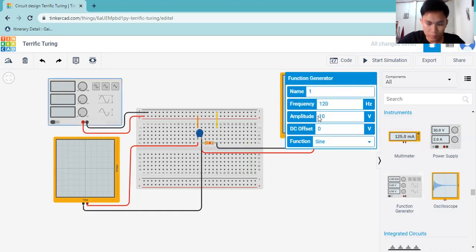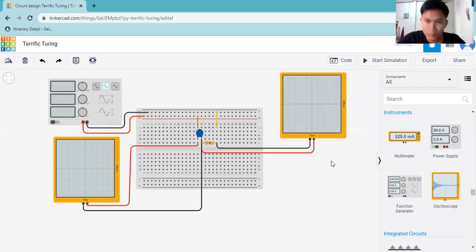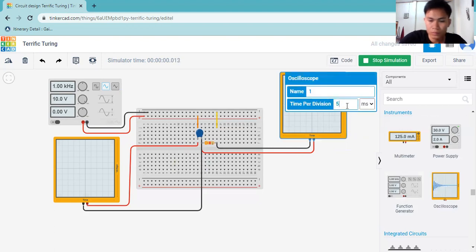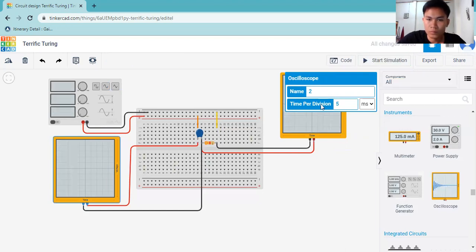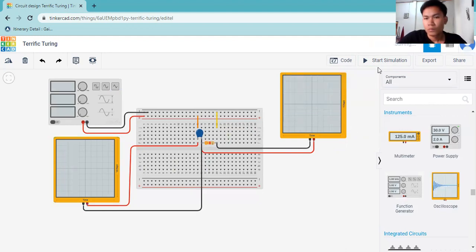And this is set to 1000, sine, and ten milliseconds.